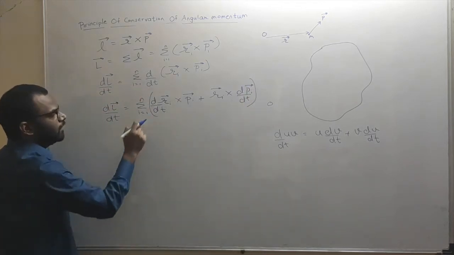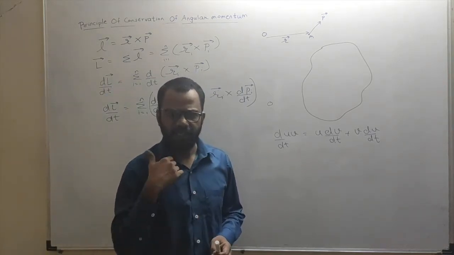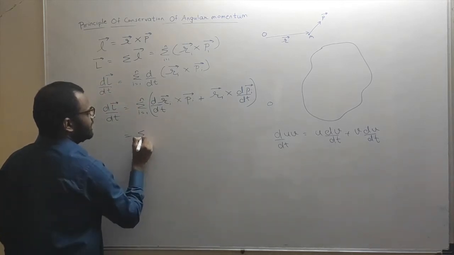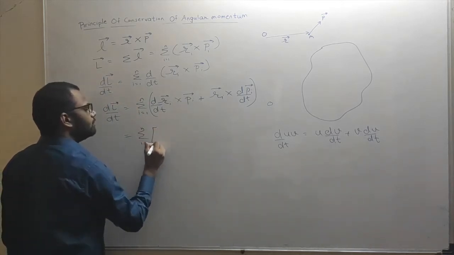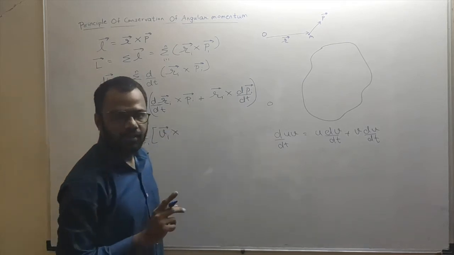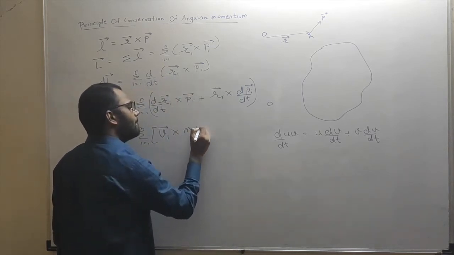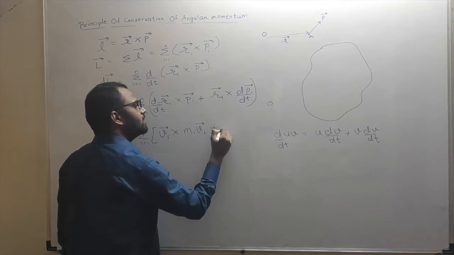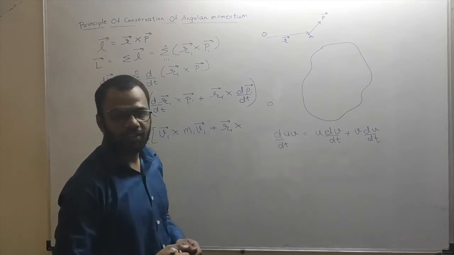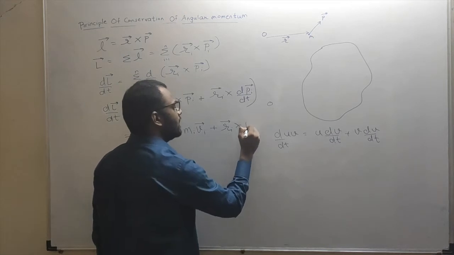Now we know what dr by dt is, the rate of change of position vector. It is the instantaneous velocity of that particle. So I can write this as vi cross pi, and pi is mi into vi, plus ri cross dpi by dt. What is the rate of change of momentum? It is the force, Newton's second law. So ri cross Fi.